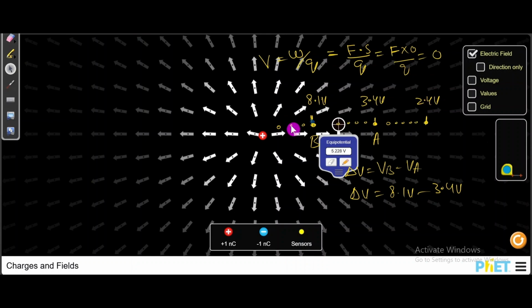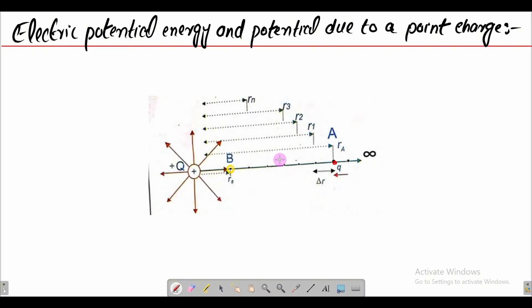So if we go away from this positive charge, the voltage will decrease. We can say that the voltage will decrease if we go away from the source charge, and if we move up to a distance at infinity, then the voltage at this infinite distance tends to zero, because the voltage is decreasing away from this source charge.